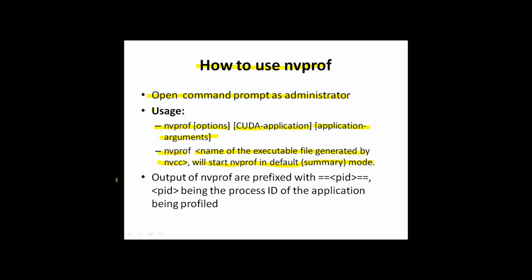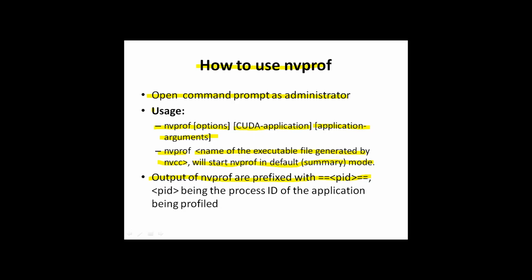Now, whenever we see the output of NVProf, it will be prefixed with the process ID. Just like our program executable file, when NVProf executes it in the operating system, a process ID will be attached by the operating system to our executable file.